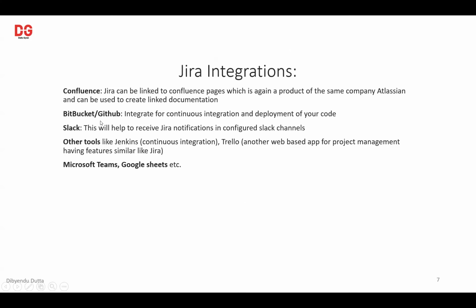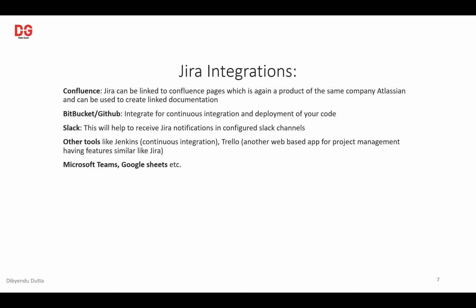Second one is Bitbucket or GitHub. Those who are in development understand how exactly they use their code repositories in GitHub and Bitbucket. You can integrate that with Jira as well. The third one is Slack. People might be aware of it, right? Slack is used for communication within the team.